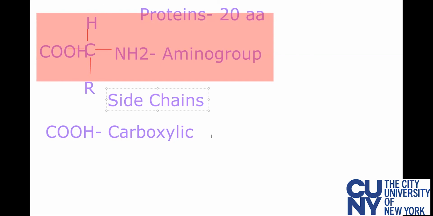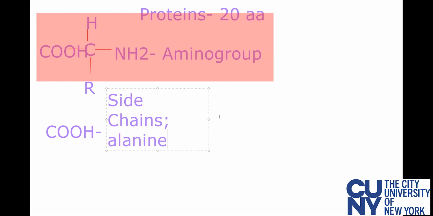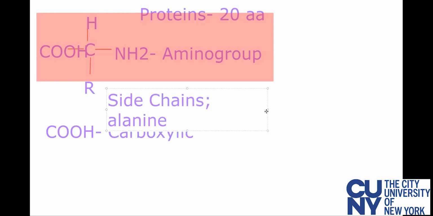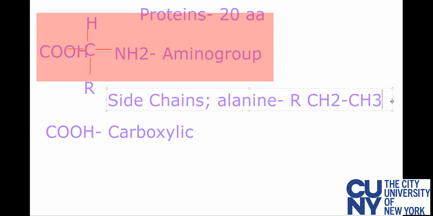So in the case of the amino acid alanine, one of the amino acids, R would be CH2 and CH3. It's difficult to write the exact chemical formula, so let me go to Google to show you exactly what the chemical structure of alanine looks like.